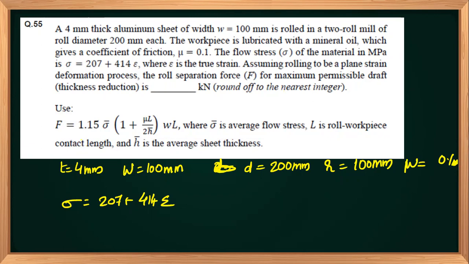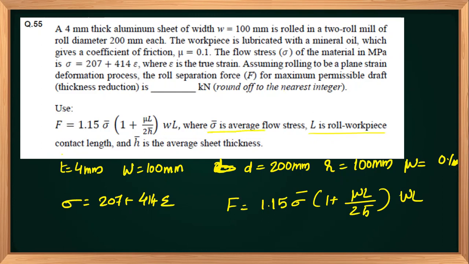You are also given the equation for that roll separation force: F equals 1.15 sigma bar (1 plus mu L divided by 2 H bar) into WL, where sigma bar is the average flow stress, L is the roll workpiece contact length, and H bar is the average thickness of the sheet.